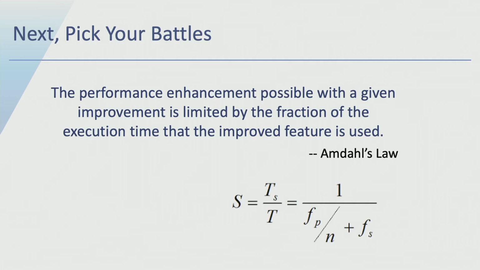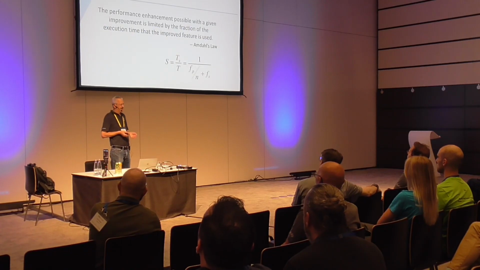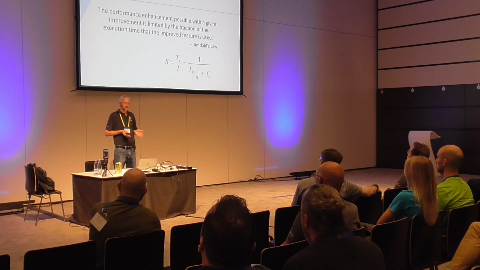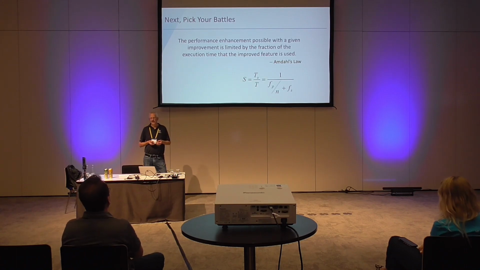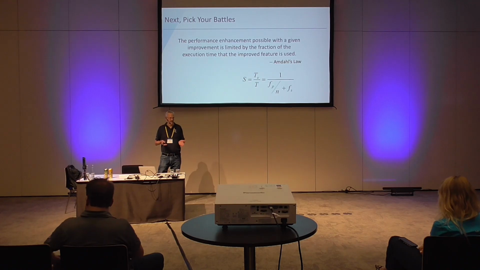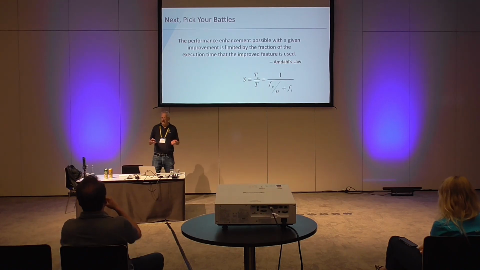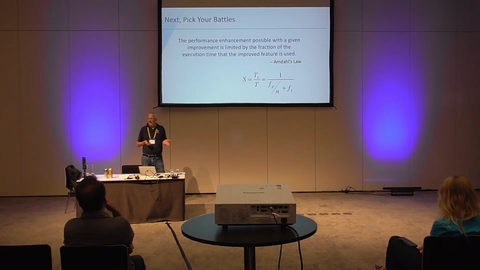This is something called Amdahl's law, and it basically says the performance improvement that you're going to get from a coding change is proportional to the amount of time that thing that you're changing gets used. So it doesn't do you a whole lot of good to change a feature that only gets used once a week. What does you a lot of good is to change features that people are using constantly, things that have a big impact. So you've got to be able to find those things.